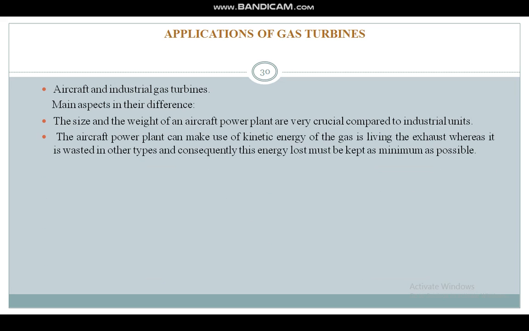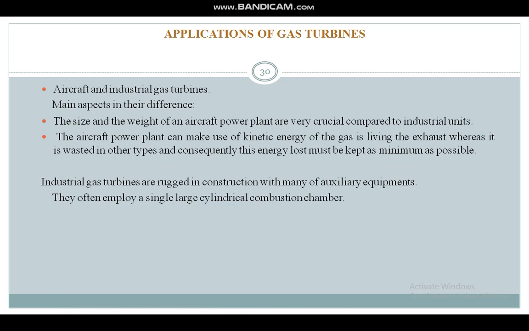The aircraft power plant can make use of the kinetic energy of the gas leaving the exhaust, whereas it is wasted in other types, and consequently the energy lost in the exhaust in industrial gas turbines must be kept as low as possible. Industrial gas turbines are rugged in construction and with many auxiliary equipments. They often employ a large cylindrical combustion chamber. They are also designed for multi-fuel capacity, right?